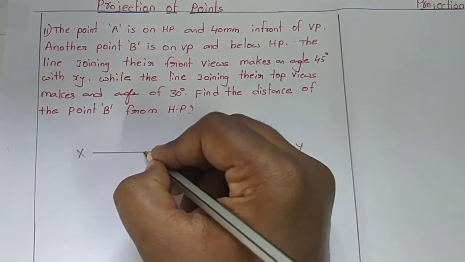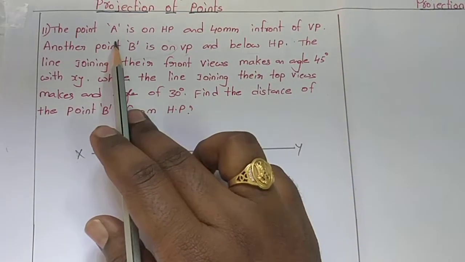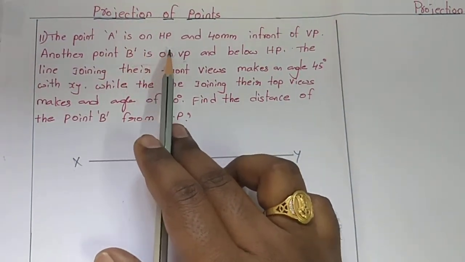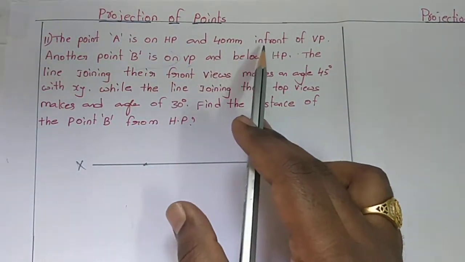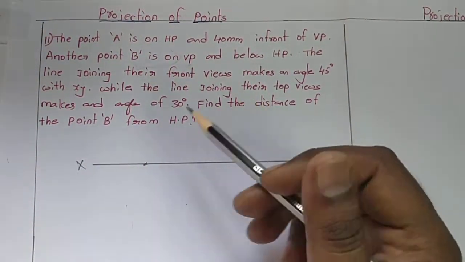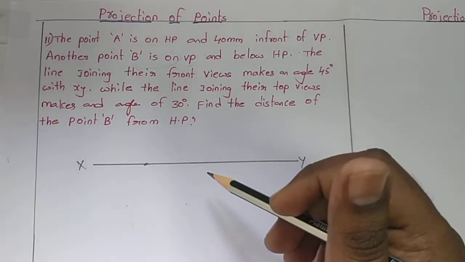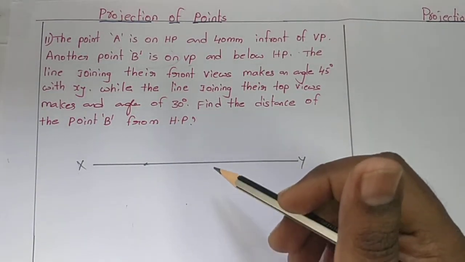The given condition is that point A is on HP and 40 mm in front of VP. On HP and in front of VP means it is the first quadrant.